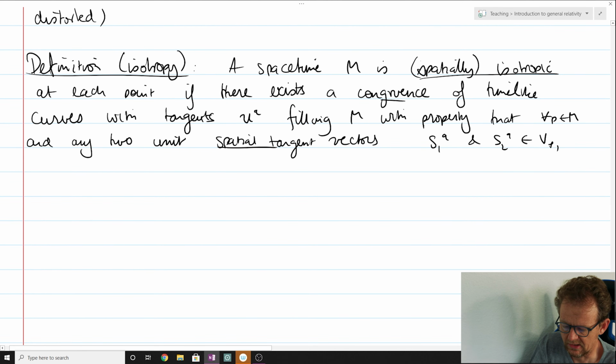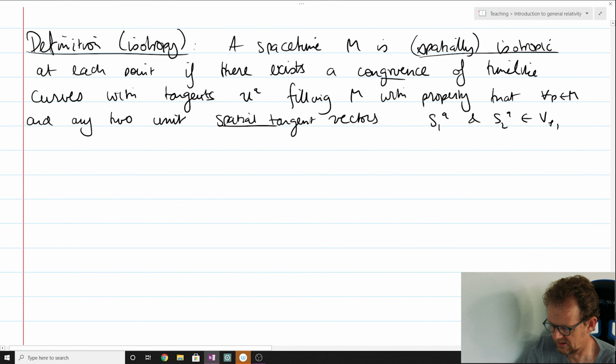So what we're thinking of here is we have an observer at a point P and you pick two directions pointing off into yonder, and you look at space along those directions.